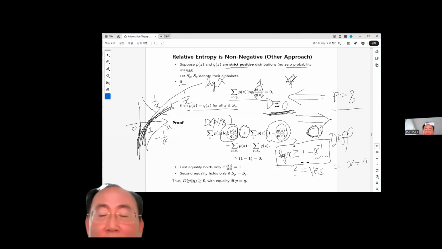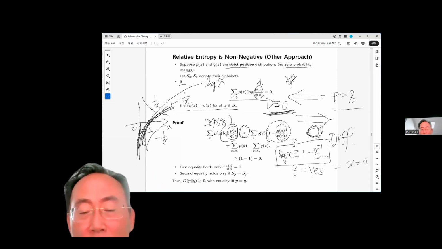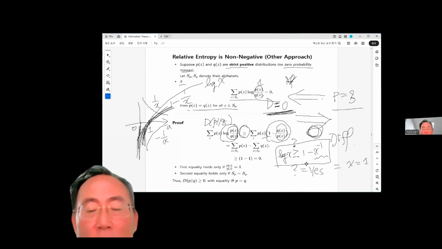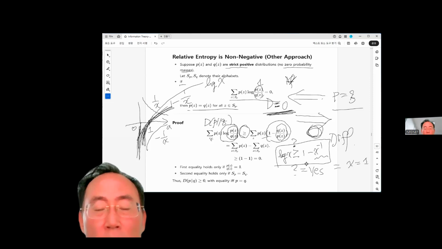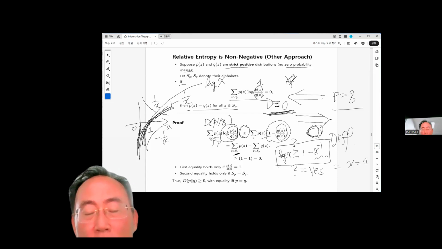Yeah. Then after you have done that, the rest of it is easy. Then sum of P(z) times Q(z) over P(z), right? So P(z) cancels out. That is the sum of Q(z) over the support of P. And this summation in the beginning is over the support set of P, right? That's why I have the support of P right here. And then that is less than or equal to 1.